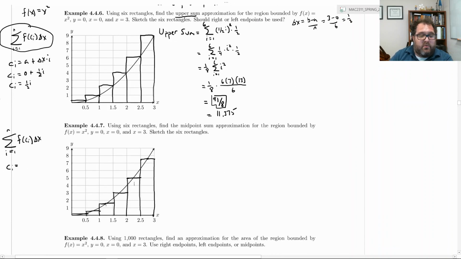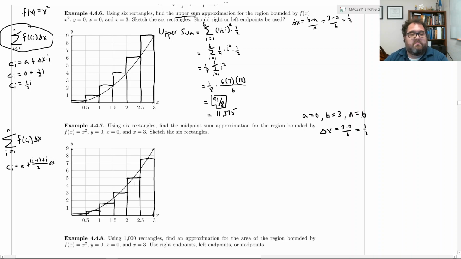That generates the midpoints. So a plus (i minus 1 plus i) over 2 times delta x. Okay, the a, the b, the n, and the delta x are still the same here. a is still the left-hand side, 0, b is still the right-hand side, 3, n is still 6 because we're working with 6 rectangles, and that gives us a delta x of 3 minus 0 over 6, which again is 1/2.